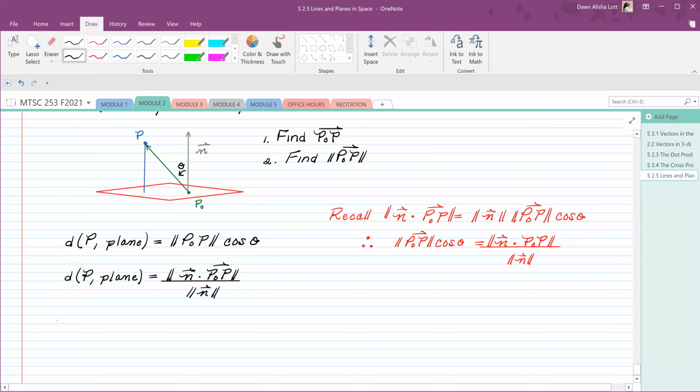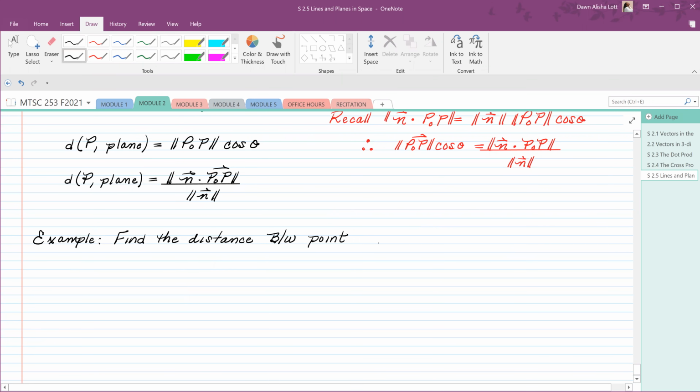Let's find the distance between the point (3, -1, 4) and the plane, which is 2x minus y plus z is equal to 5.